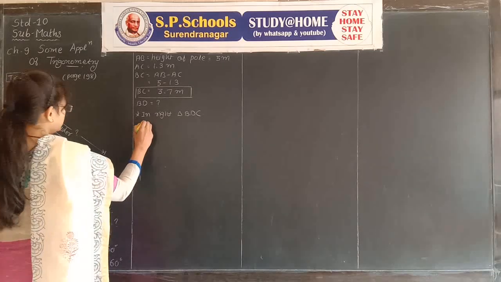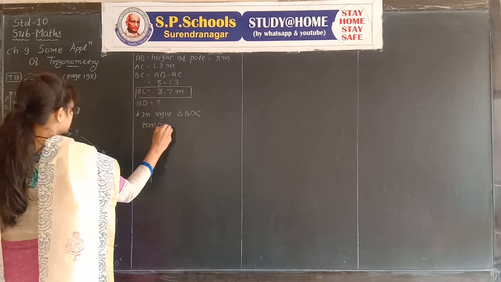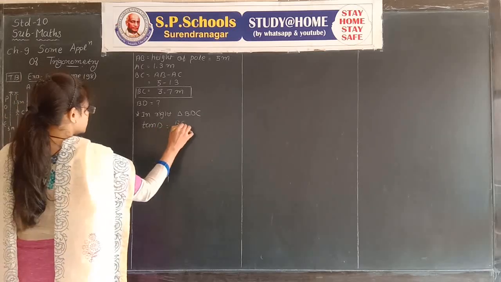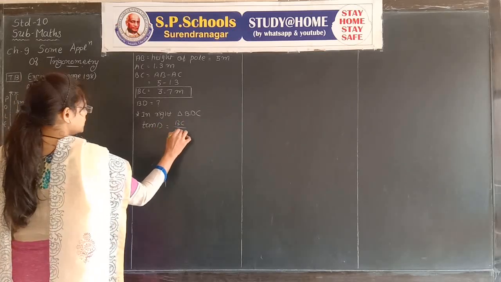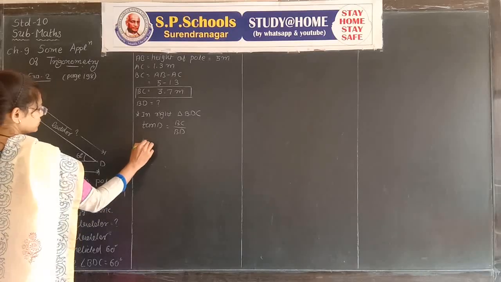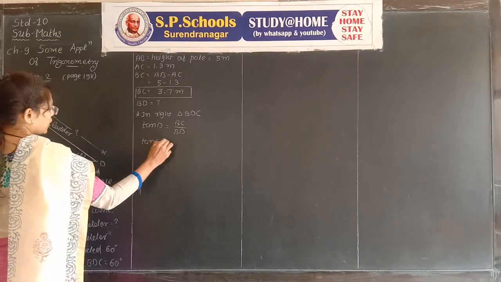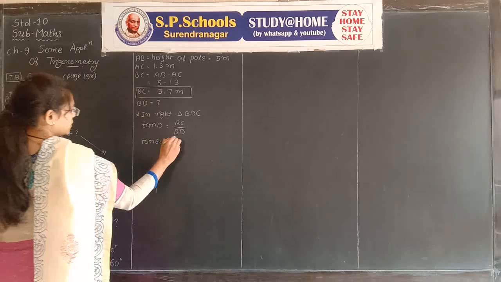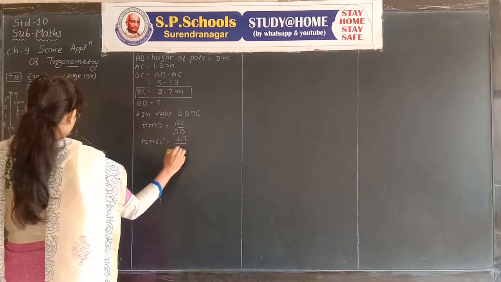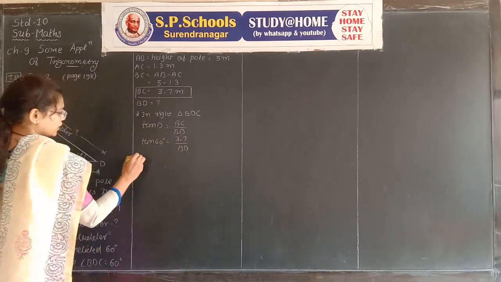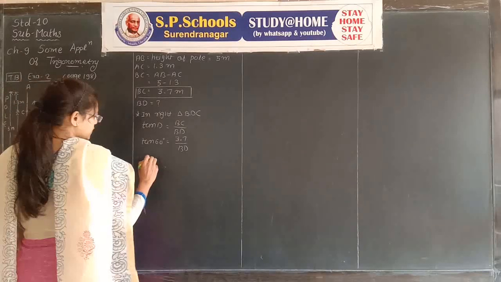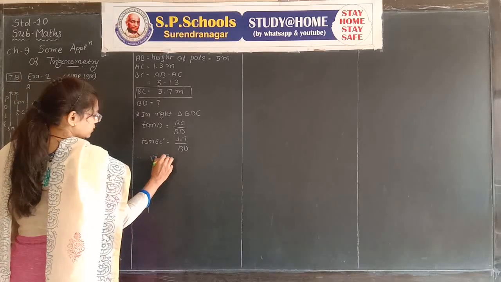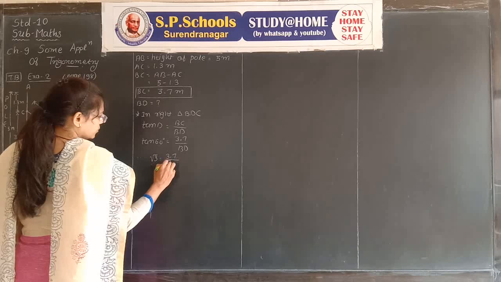Use tan theta. Tan D is equal to opposite BC upon adjacent BD. Tan 60 is equal to BC, 3.7, upon BD. Now tan 60 is root 3, so root 3 is equal to 3.7 upon BD.